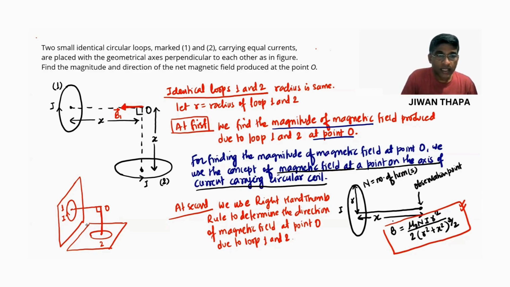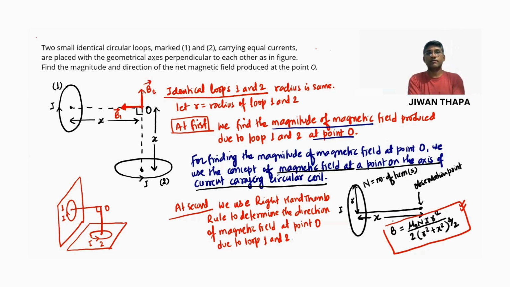Now, again in loop 2, okay, we find current flowing in anti-clockwise direction. So when we curl or rotate the fingers of the right hand in anti-clockwise direction, that is along the direction of current, then the stretched thumb gives the direction of magnetic field. So magnetic field at point O, okay, due to loop 2 is directed along this direction. So we have this.